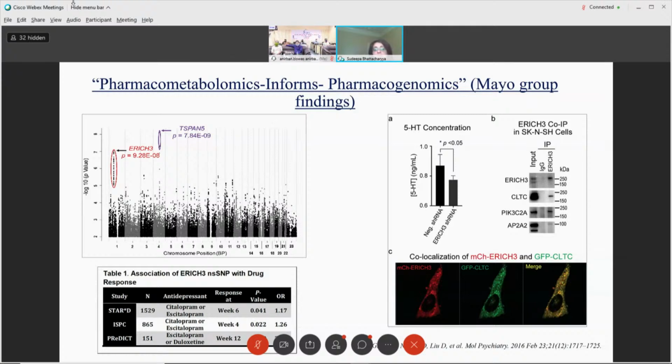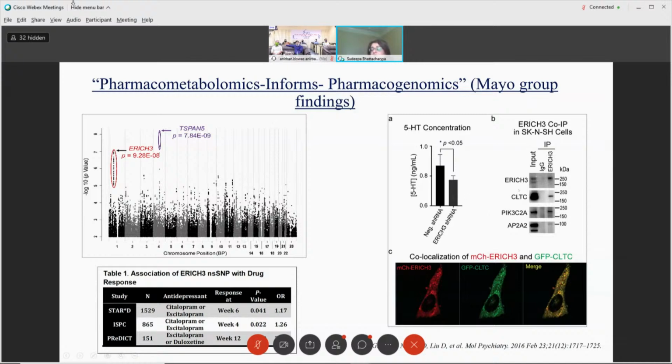So they found these two genes were strongly correlated to that serotonin level. And these proteins are highly expressed in the central nervous system. And when they knocked out the ERICH3 gene in neuronal cell cultures, they found that the serotonin levels went down significantly.